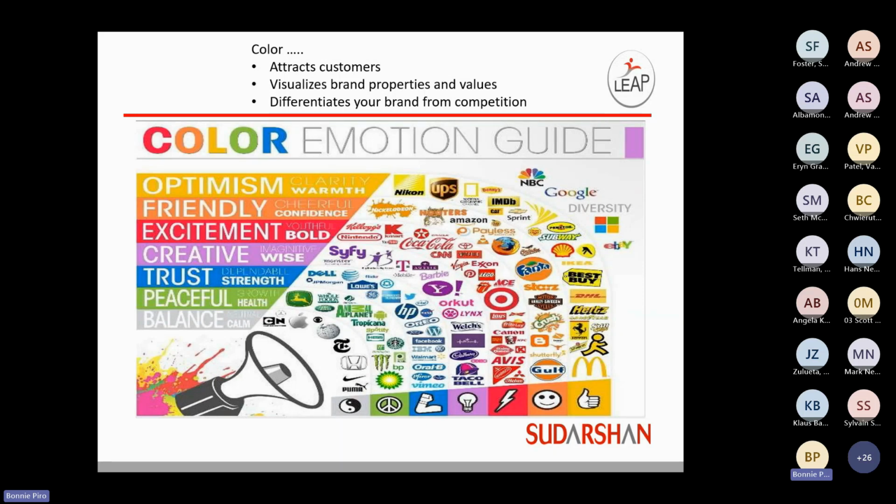In each color space, there are some emotions that are generated by that color. For example, when you take a look at yellow, one emotion could be optimism, clarity, or warmth. You take a look at some of the brand icons that do use yellow in their branding, and you can get some of those same emotions from the brand.